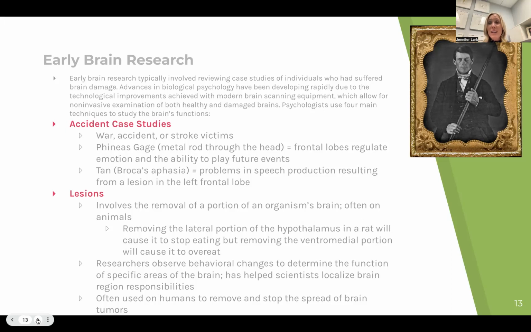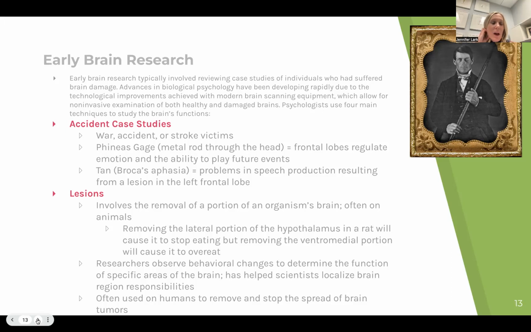This unfortunate man, you can see a picture of him right below my face in the top right of the video, actually posing in real life with the metal rod that blasted through his skull, and yet he continued to live. Through his case study, we learned that the frontal lobes regulate emotion and the ability to predict and plan for future events. The case study of Tan that we just looked at with Broca's aphasia is another example of a case study.